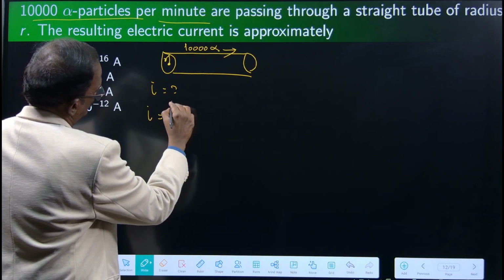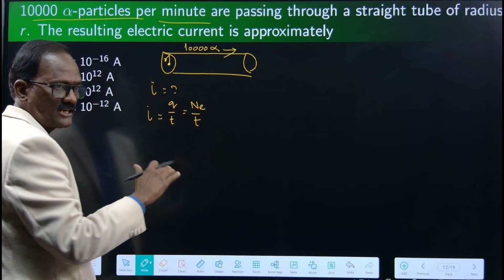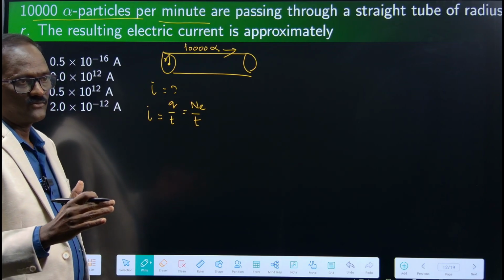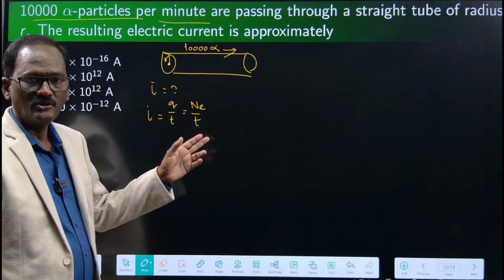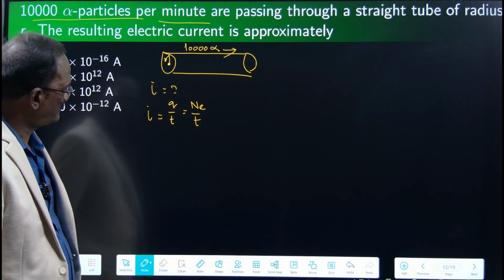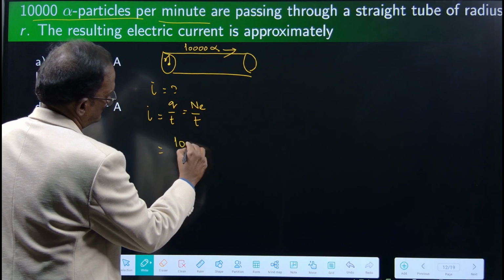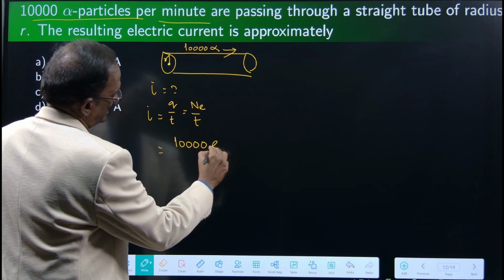So I is equal to q by t. Since a fixed number of alpha particles are flowing, you don't need to write dq by dt or delta q by dt. Q by t, N is equal to 10,000, then N e by t.